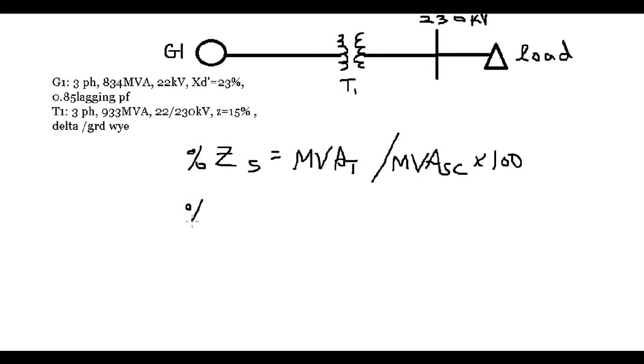Okay, the second equation to keep in mind, the MVA short circuit or fault duty is equal to the primary short circuit amps, so short circuit amps on the primary side, times the MV, the megavolts line to line, times square root of 3.